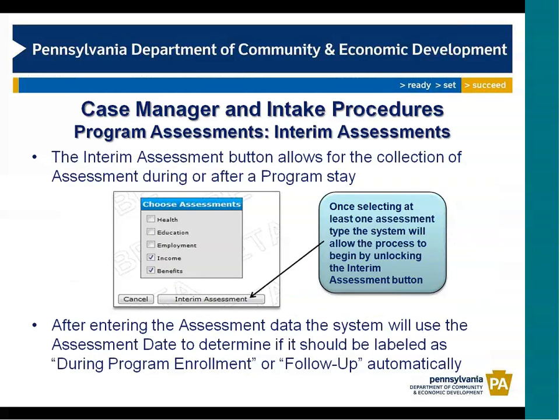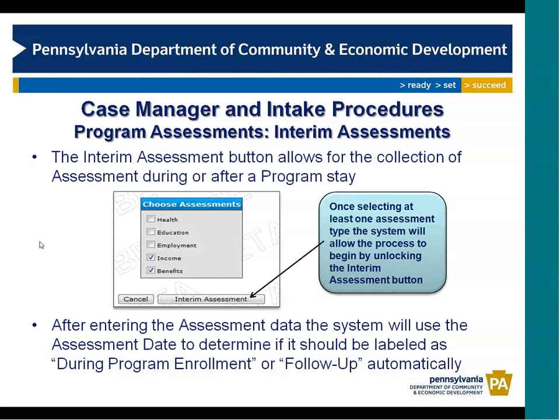The interim assessment button allows data to be collected in various situations, and it is available at all times. No matter if the program's open or closed, it'll always be there. When you select that button, it takes you to an intermediate screen that doesn't take you through the entire process.